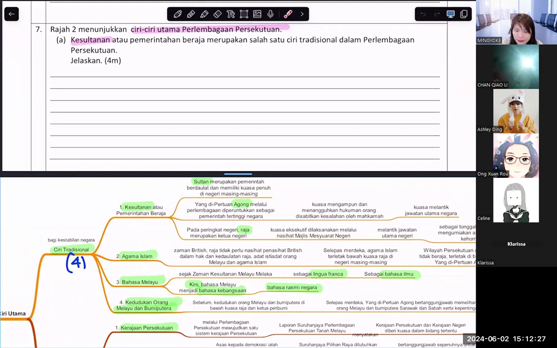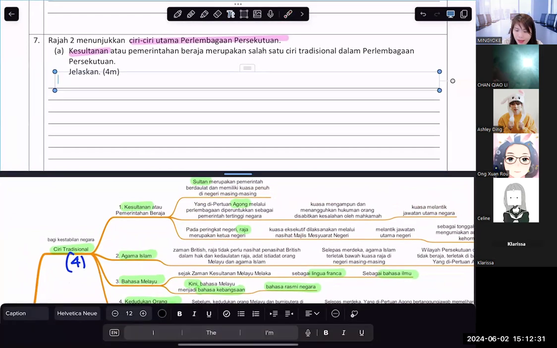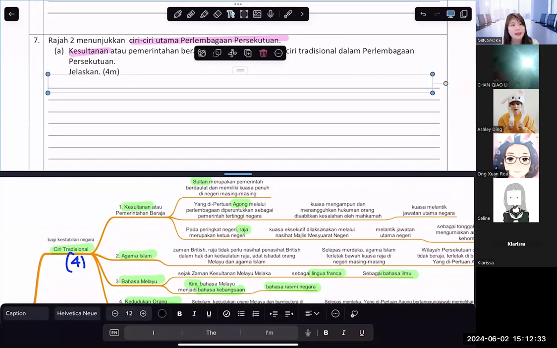So if it's essay, you must have nombor rujukan, and then you must start with opening. Okay? Ciri kesultanan.